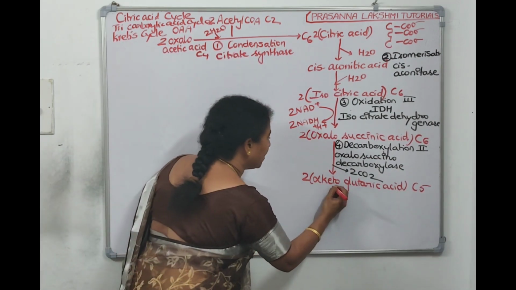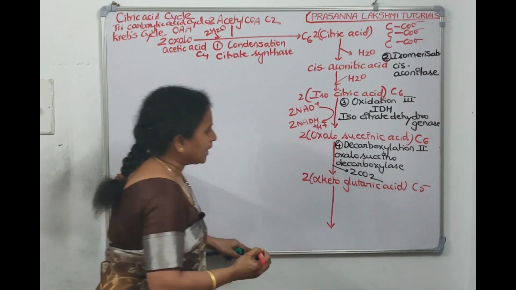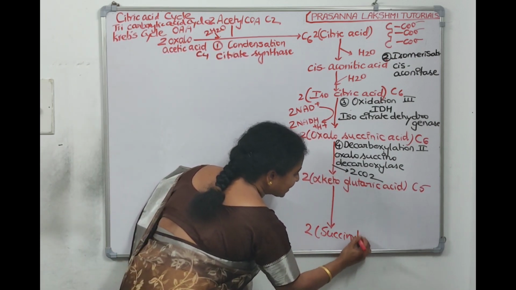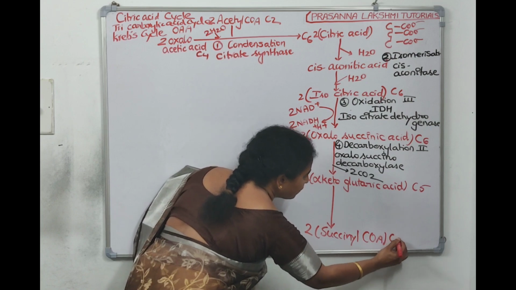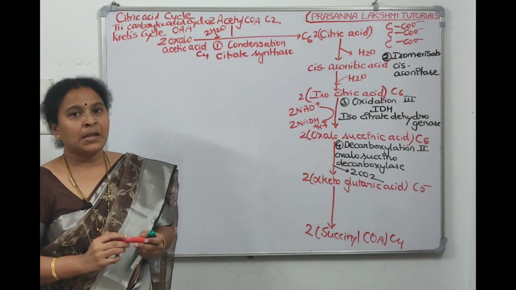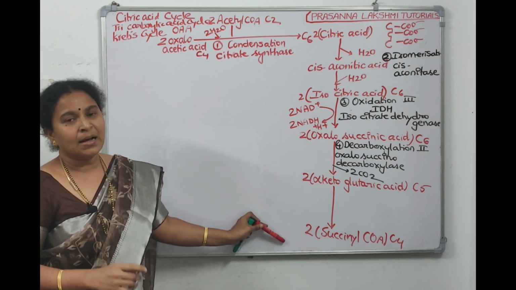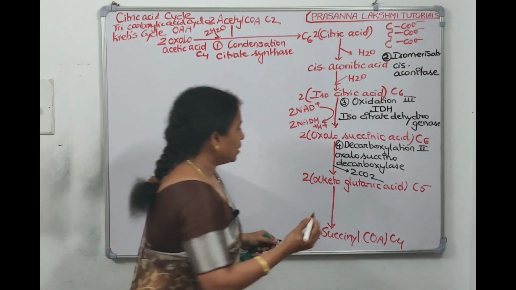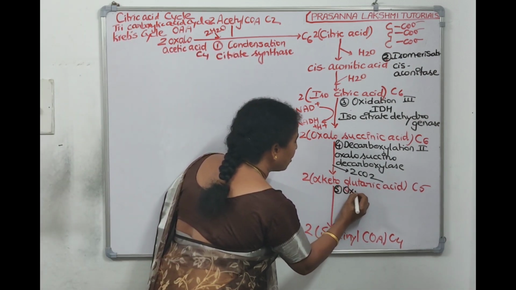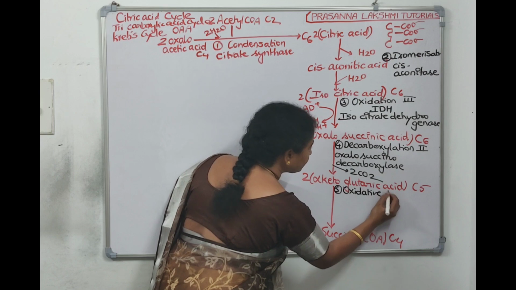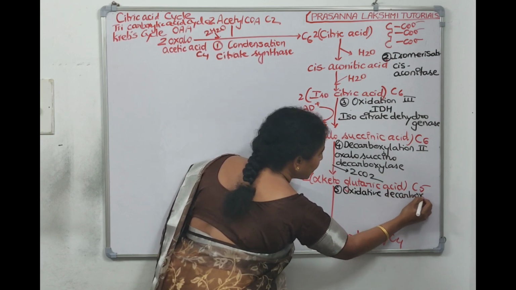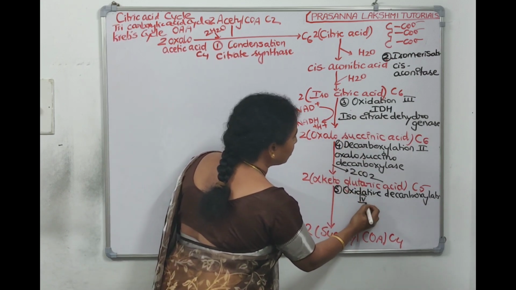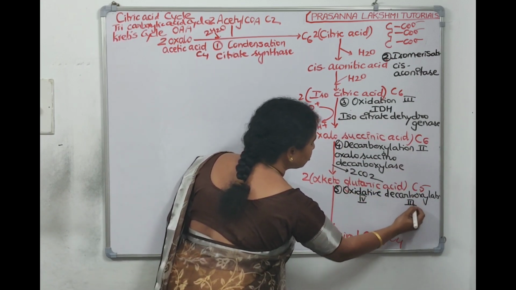The next reaction: alpha ketoglutaric acid gets converted to succinyl coenzyme A, which is a 4-carbon compound. This reaction is a replica of the link reaction, meaning oxidative decarboxylation. So in reaction number 5, oxidation also happens, decarboxylation also happens. Oxidation number 4, decarboxylation number 3.